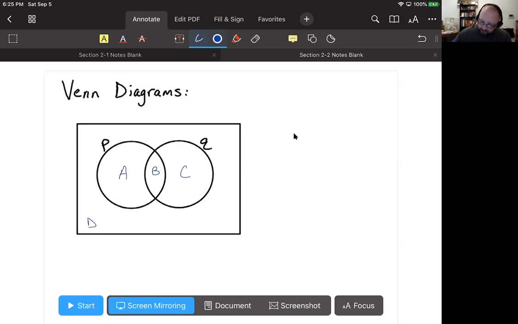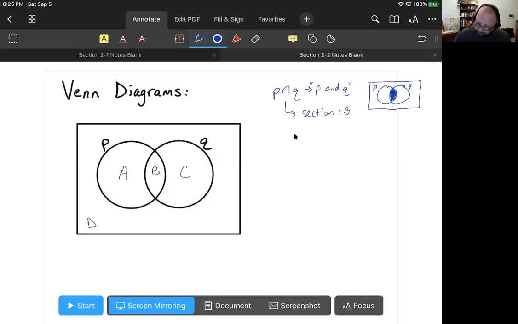So when we're writing out our statements like P and Q, we could represent that using section B only, okay? P and Q would be only where those two circles intersect, only this middle area. That would be P and Q.